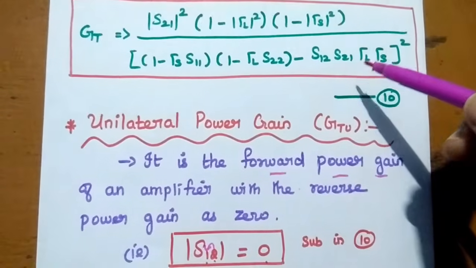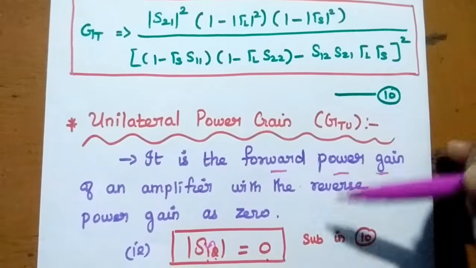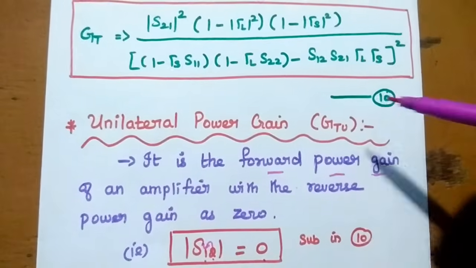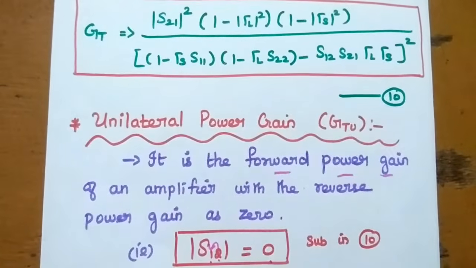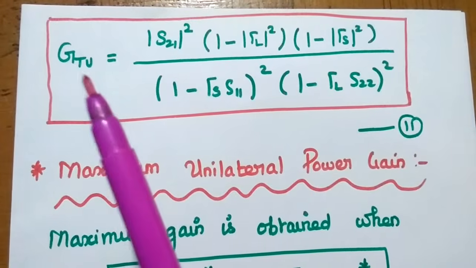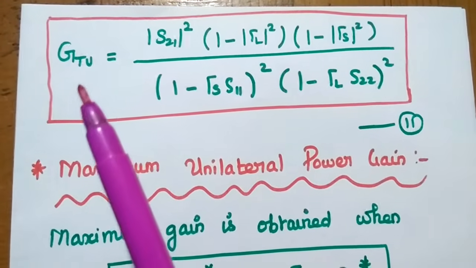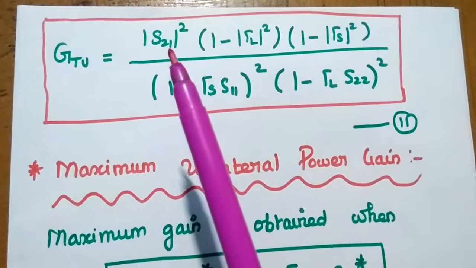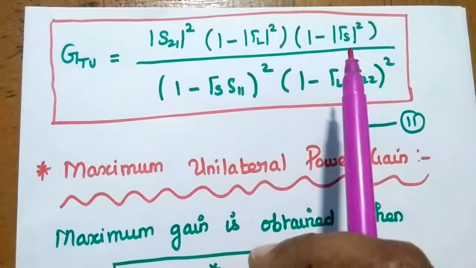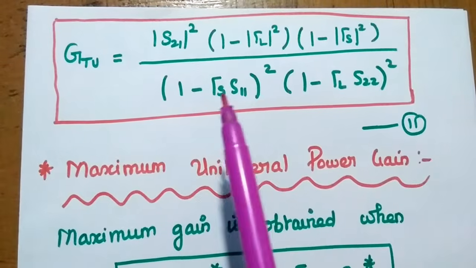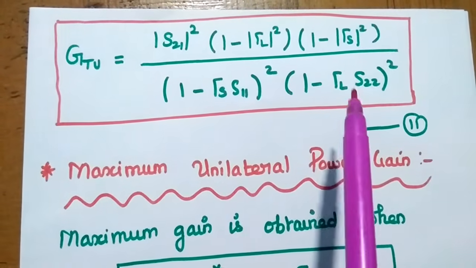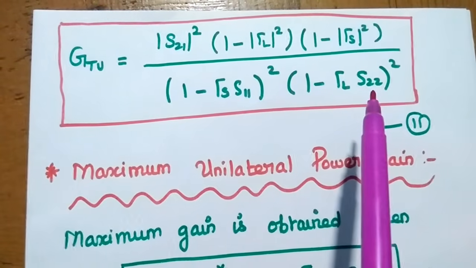We can obtain the unilateral power gain. It is very simple. We are going to substitute S12 equal to 0 in the 10th equation, then we can get the unilateral transducer power gain equal to |S21|² (1 − |ΓL|²)(1 − |ΓS|²) divided by |1 − ΓS S11|² |1 − ΓL S22|².